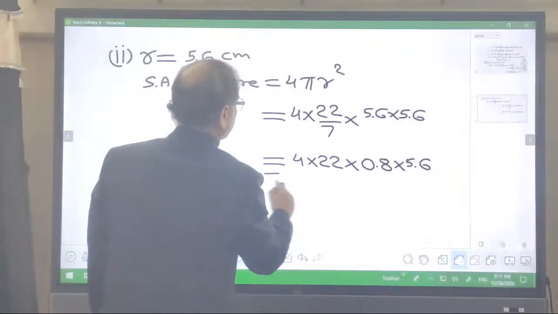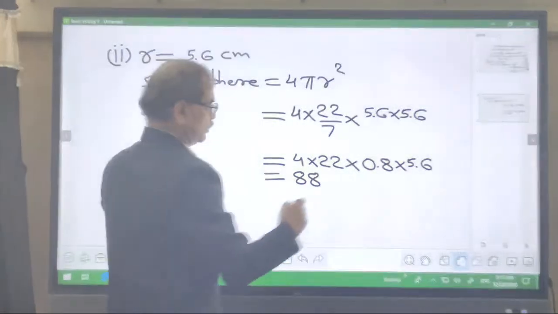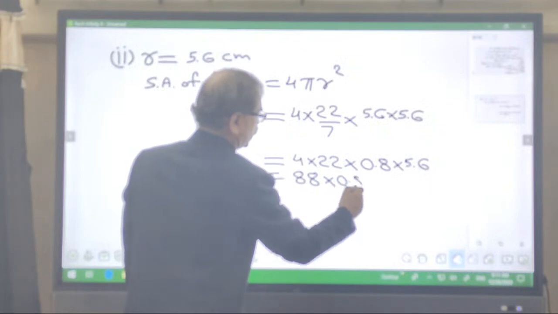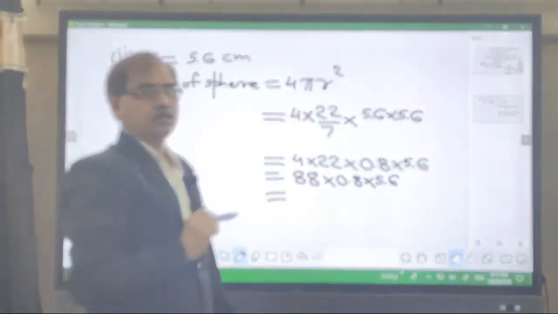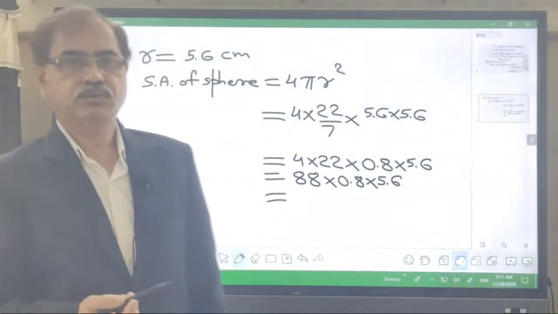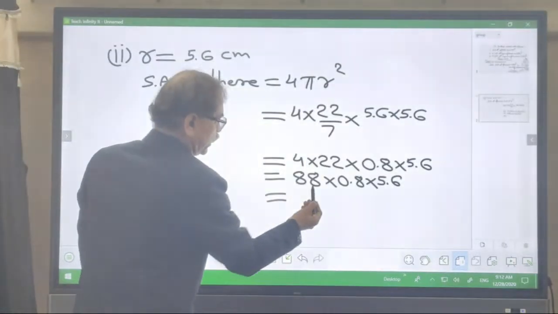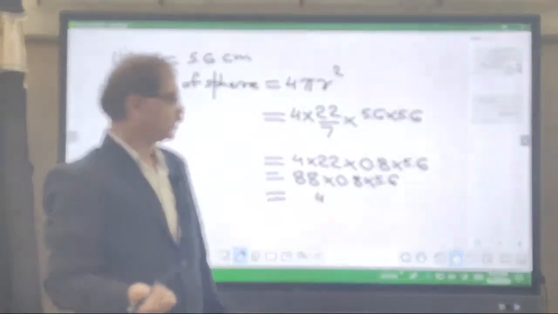So these are the four numbers you would like to multiply. 4 multiplied by 22, as usual, you get 88. Then you have to multiply it by 0.8 multiplied by 5.6. The 8 step you know very well. So directly you will be able to write the next step. 8 eights are 64, 6 carried over.